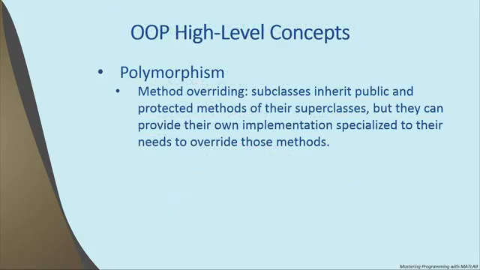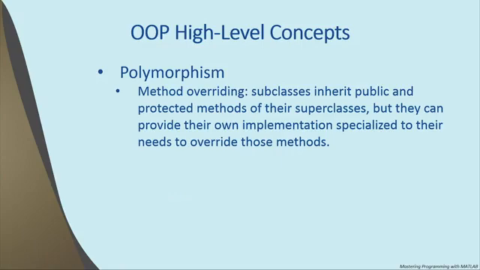Subclasses inherit the public and protected methods of their superclasses, but they can override those methods. If an inherited method works well for a subclass, we don't need to touch it. We can use it as is. But if the subclass needs to change it, we can simply use the same name and re-implement the function. And it'll be overridden when it's called by an object of the subclass.